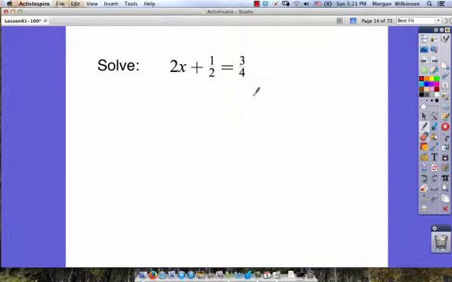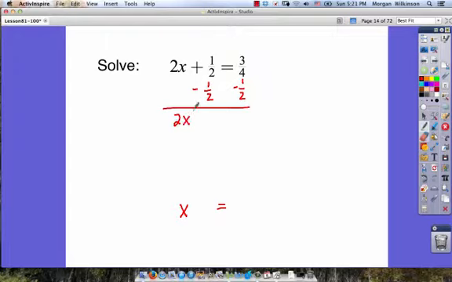Here we want to solve 2x plus 1/2 is equal to 3/4. Now we want to figure out what x is equal to. That's our goal in the end. So we need to undo all the other operations that we have. If we want to undo addition of 1/2, we're going to subtract 1/2. What we do on one side, we have to do on the other side as well to balance out our equation.